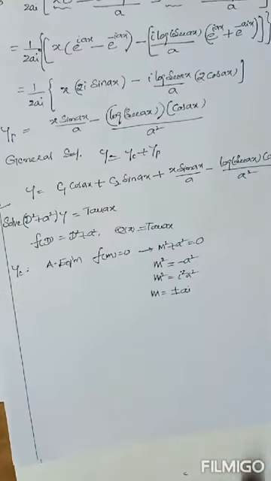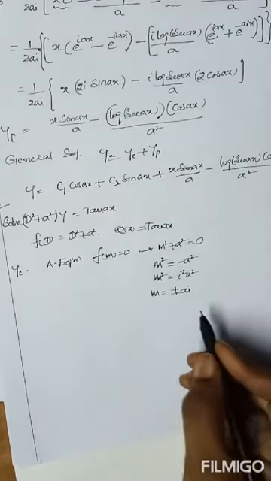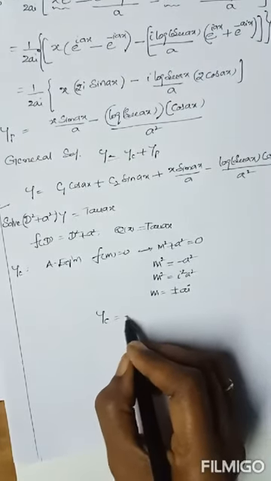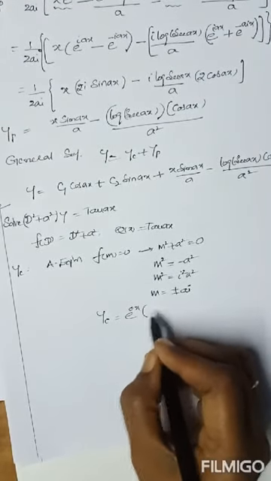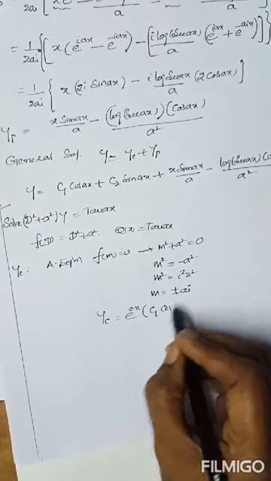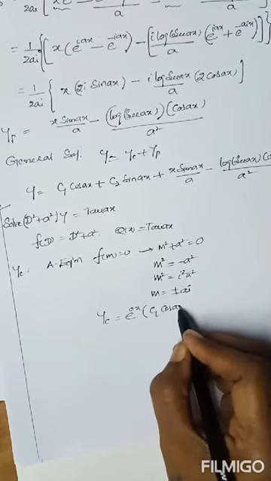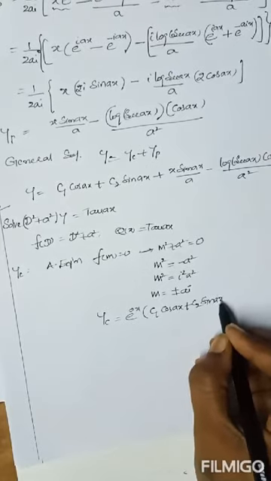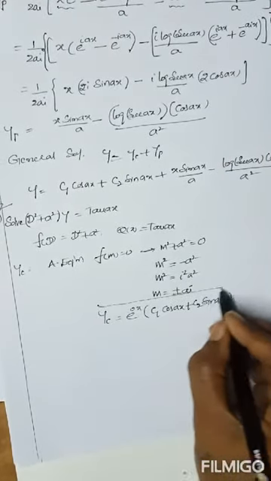Here also same complex numbers, plus ai, minus ai, real part is 0. Yc for real part corresponding is e to the power of 0x, c1 cos, imaginary part a into x, c2 sin, imaginary part a into x. Yc over.